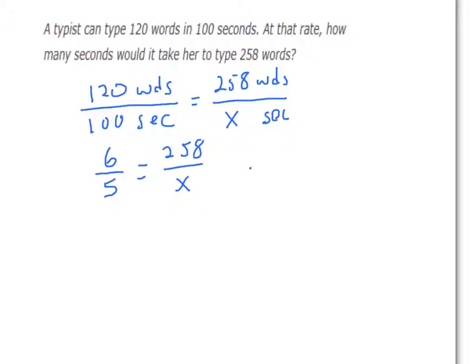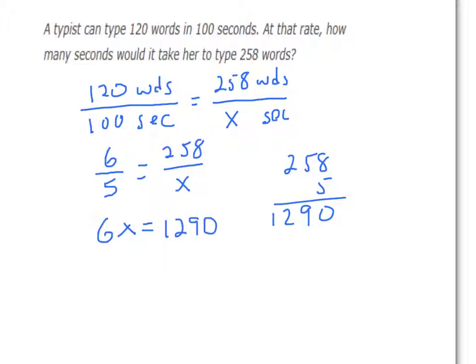I'm going to cross multiply again and get that 6x equals 5 times 258. Got to figure out what that is. That's 1,290. And then I'm going to multiply by 1/6 on each side, which means 1,290 divided by 6.